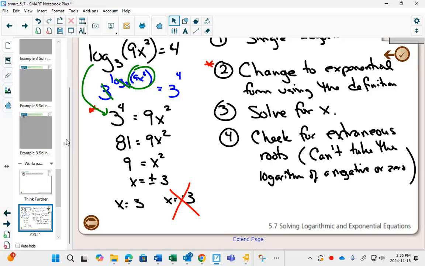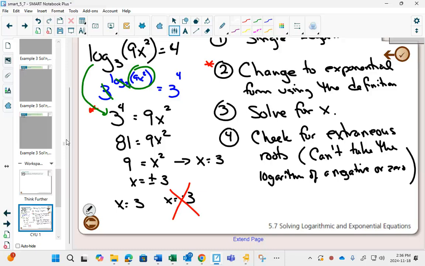If on your exam, you go from this step and just write x equals 3, you have the right answer, and you would lose a full mark. You would lose a half mark for not showing that x could be plus or minus 3, and a half mark for not canceling out the minus 3 as an extraneous root. Even though the answer is x equals 3, you haven't shown those key two steps.